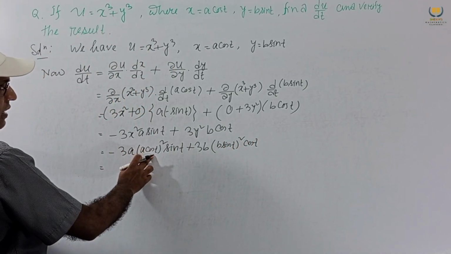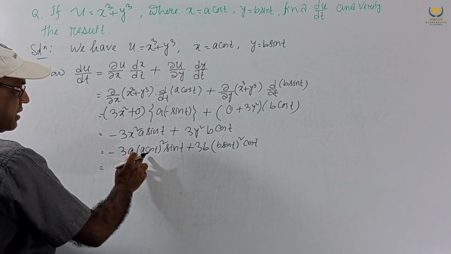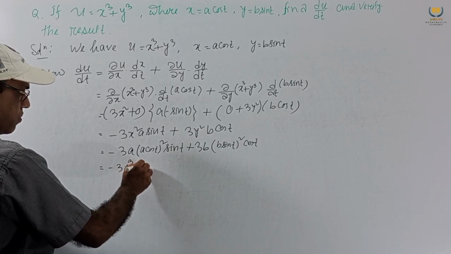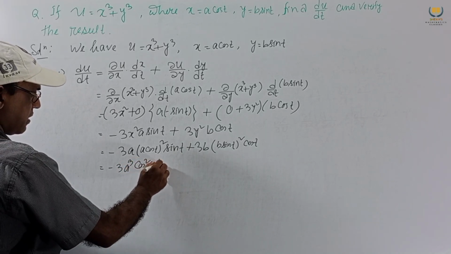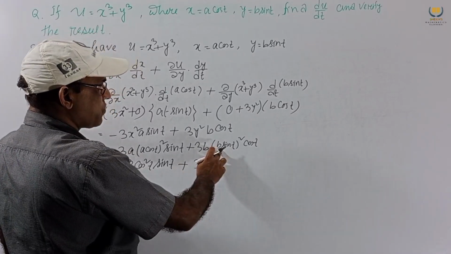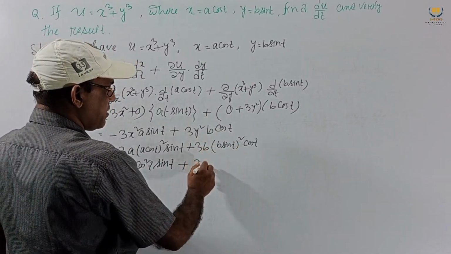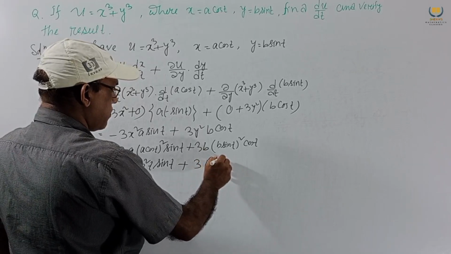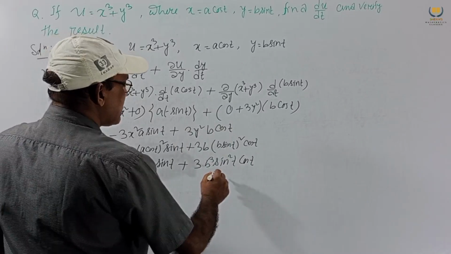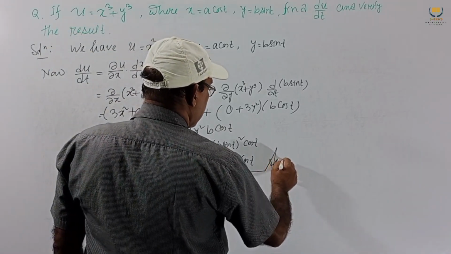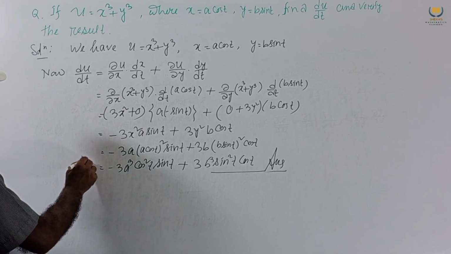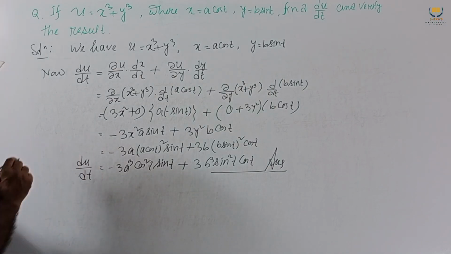This gives minus 3a cube cos square t sin t, plus 3b cube sin square t cos t, and this is our answer. By calculation we get du/dt.